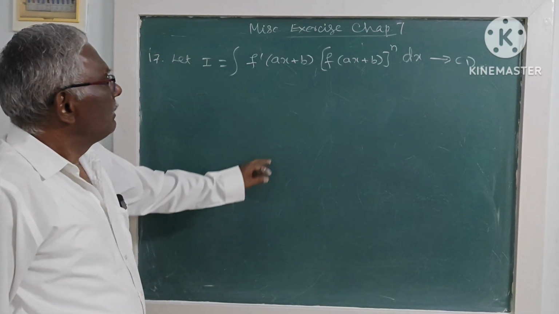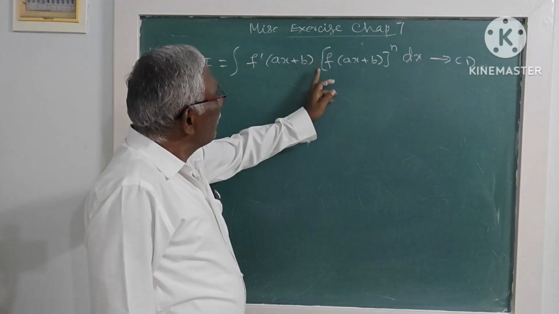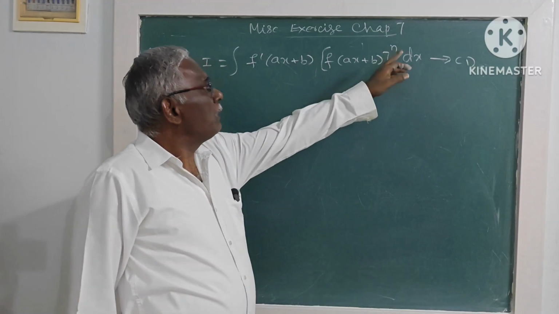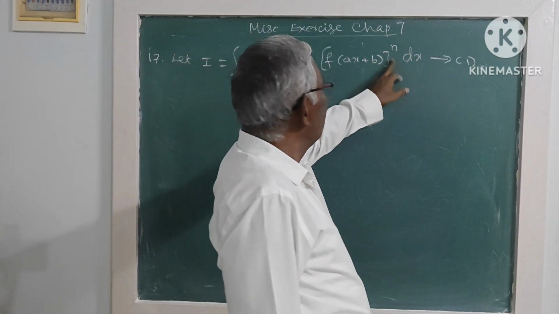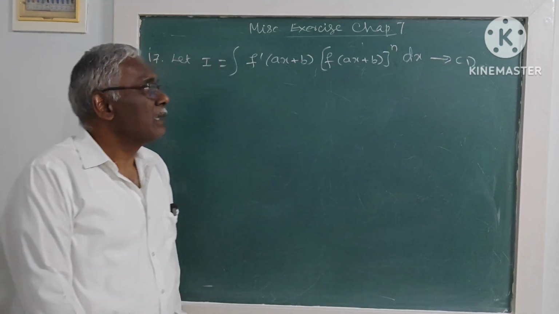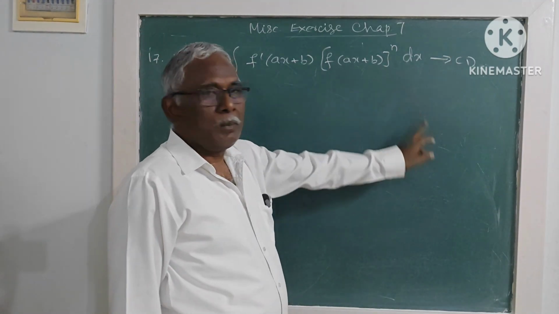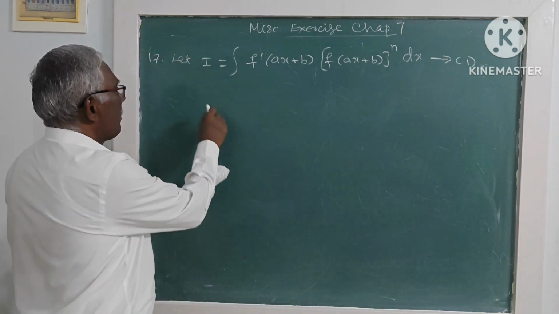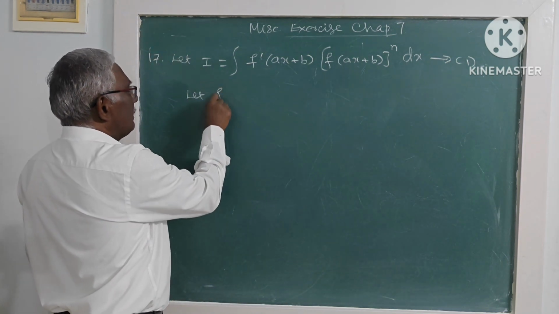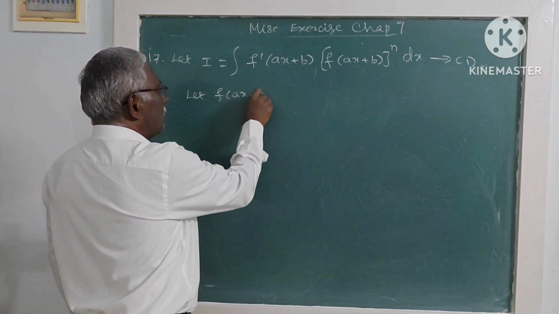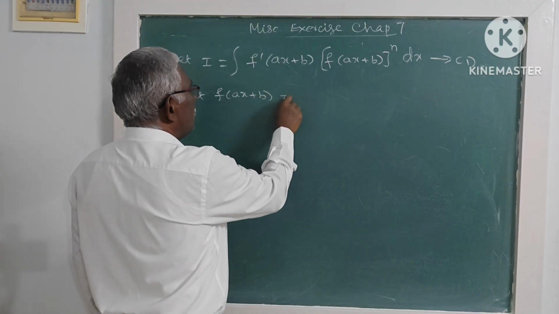Here again, let us take integral of f of ax plus b power n and f dash of ax plus b dx. So let us take f of ax plus b as y.